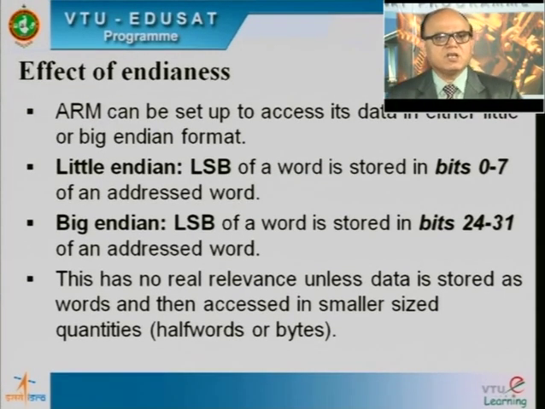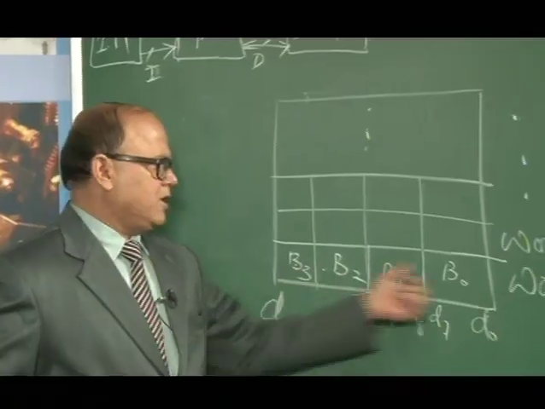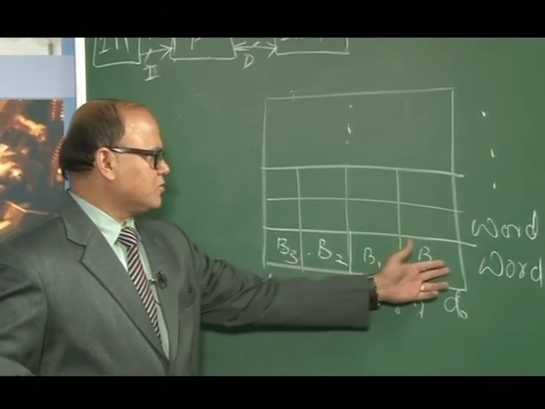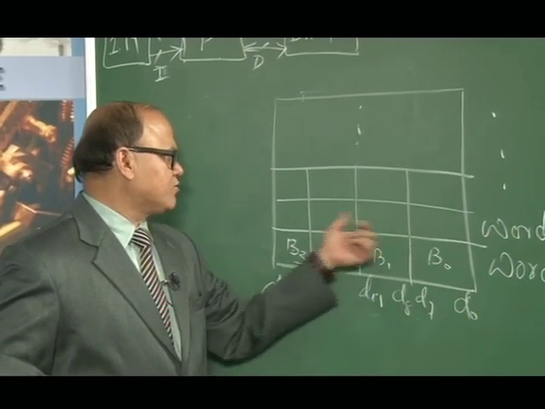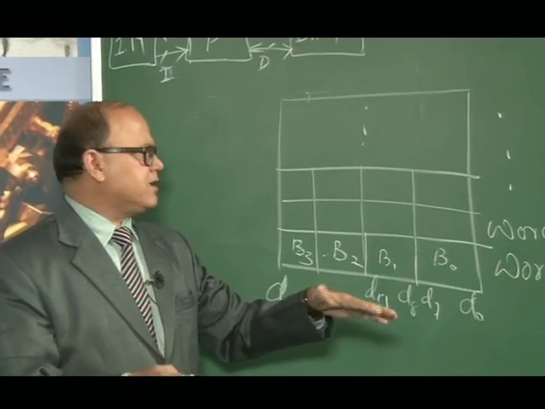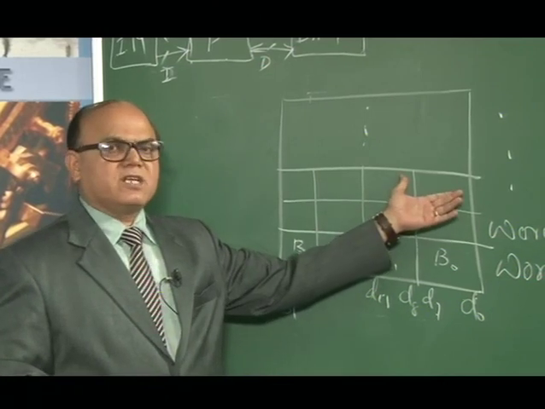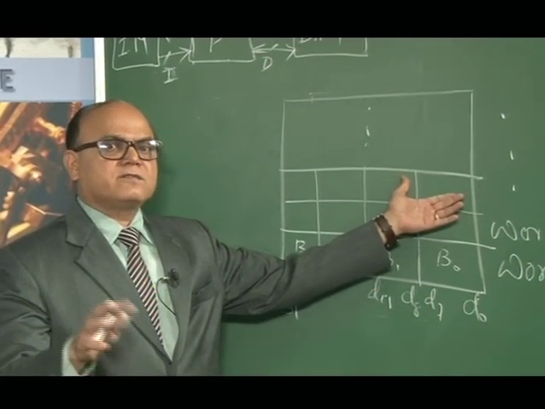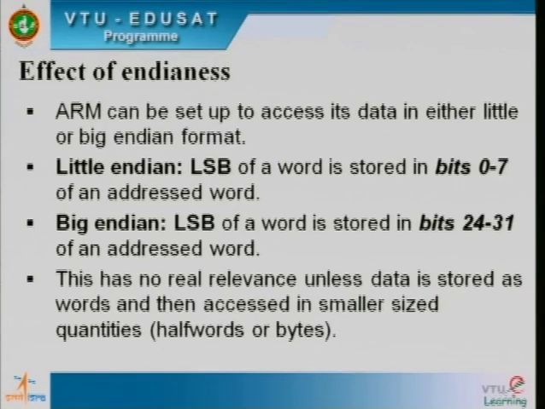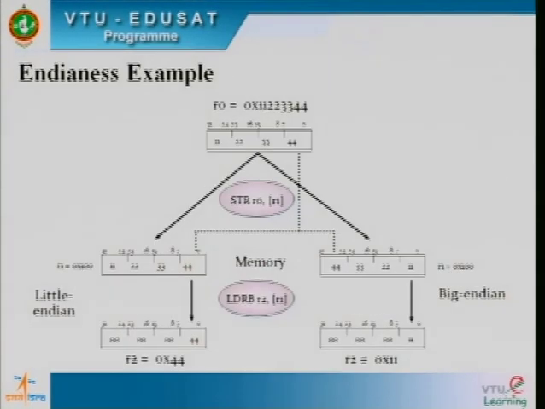That means if a word sits in memory, it always sits from a new word, occupying the complete word, byte number 0, 1, 2, 3, or byte number 4, 5, 6, 7. A word will not be split, occupying say a half word here and a half word there. ARM will not support such a configuration. So the word sits completely, word boundary aligned. That is the important thing you should remember.